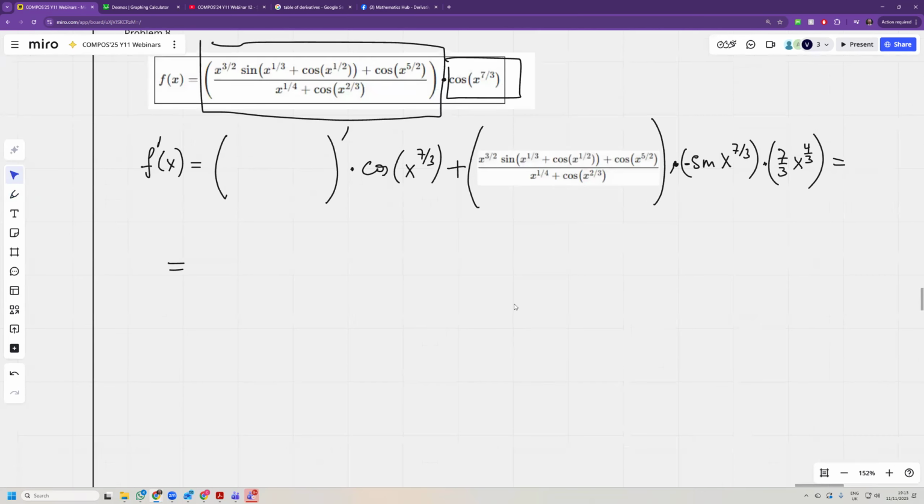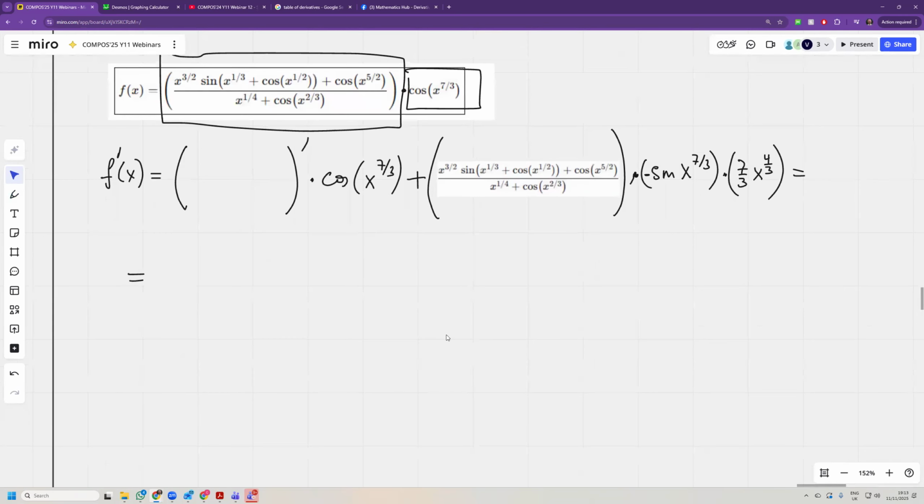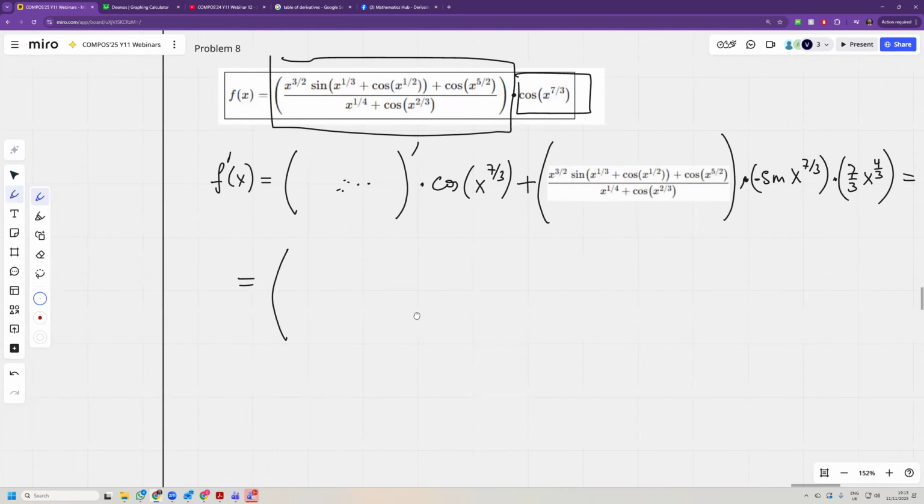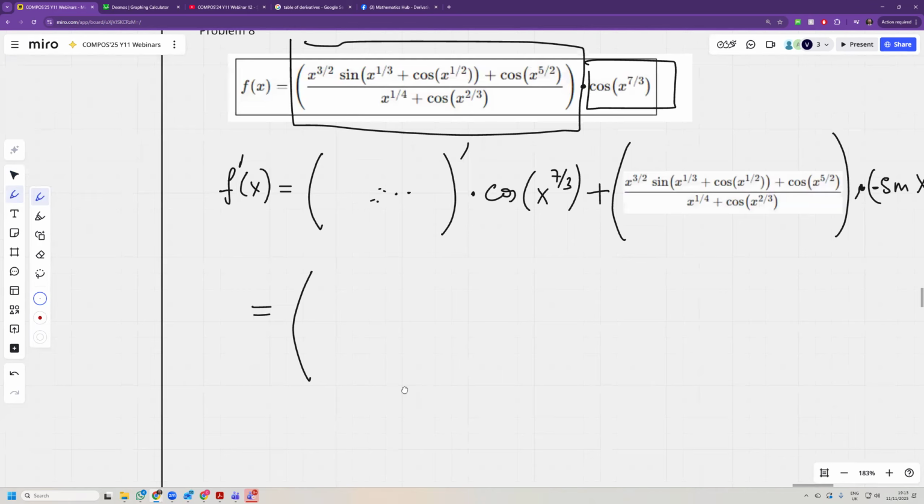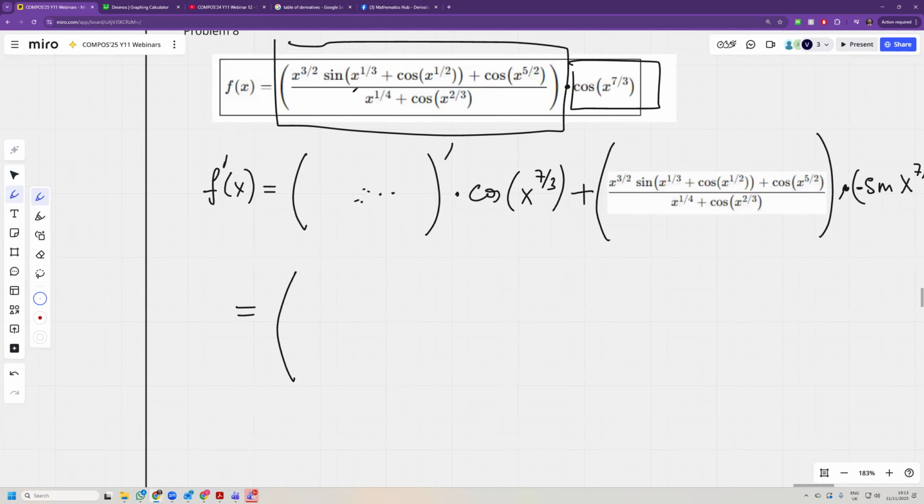Okay. Now I deal with this bit. With this bit. So this is a quotient. So because it's a derivative, it's a quotient, and it's something divided by that. And there's a product rule here, and there's a chain rule here.